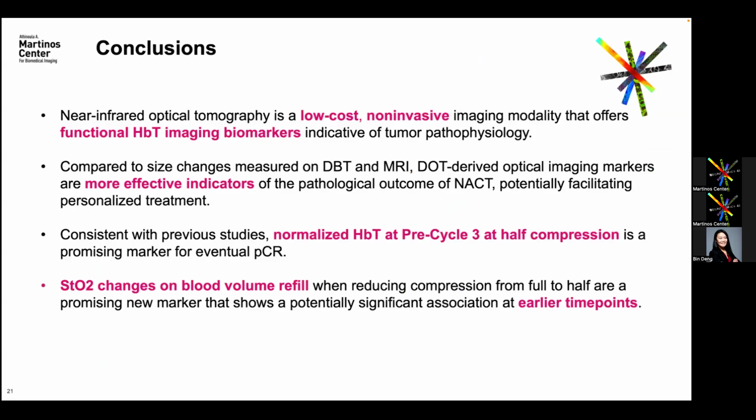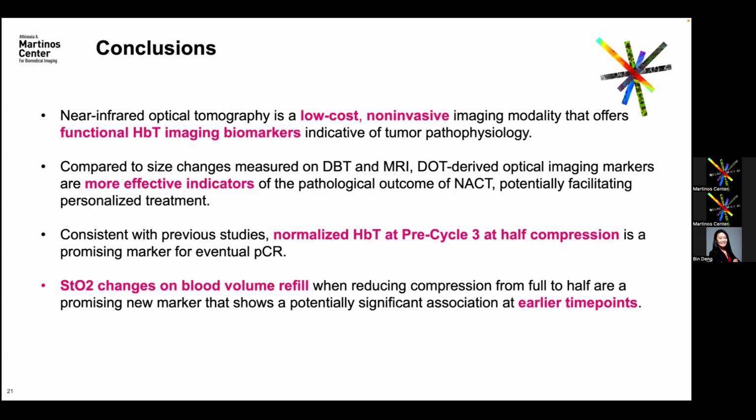So in conclusion, near-infrared optical tomography is a low-cost, non-invasive imaging modality that offers functional hemoglobin-based imaging markers that can be used to differentiate the treatment responses, and is more effective compared to size-based evaluation.